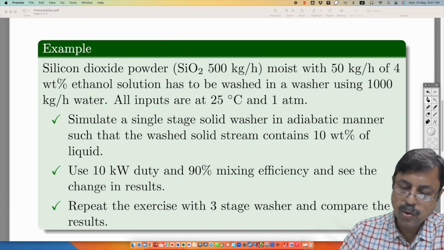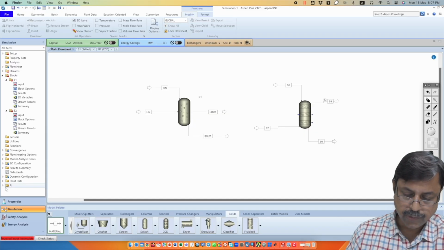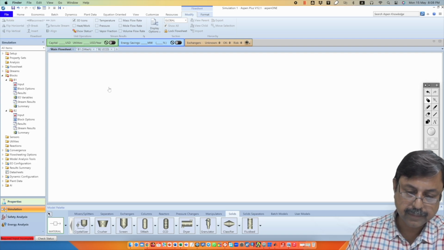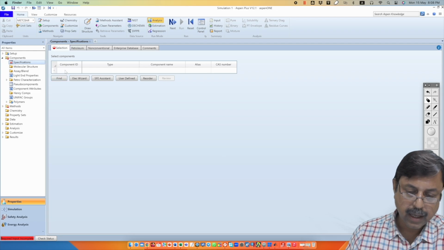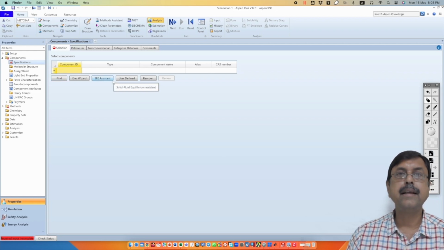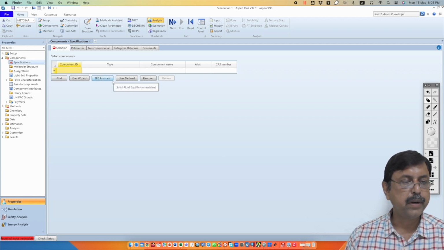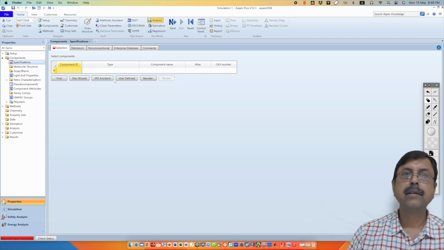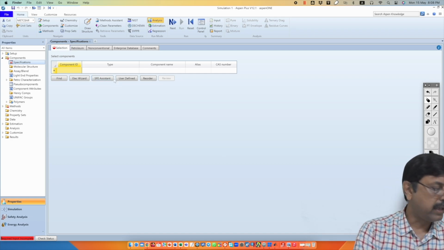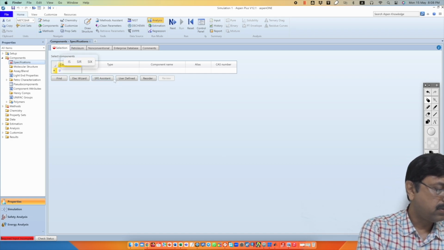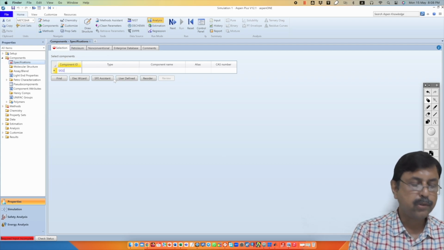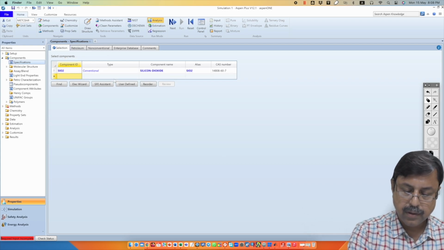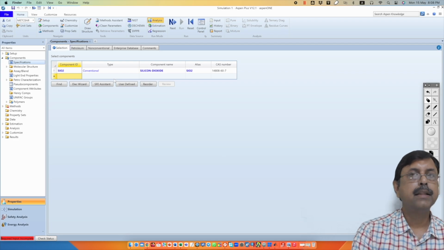Now let us go back to Aspen Plus. So for that we have to first go to the properties and we have to add in the relevant components. So first it is silicon dioxide. So this is the solid product that we have, silicon dioxide. Then we have 4 weight percent of ethanol, that is our entrained liquid.